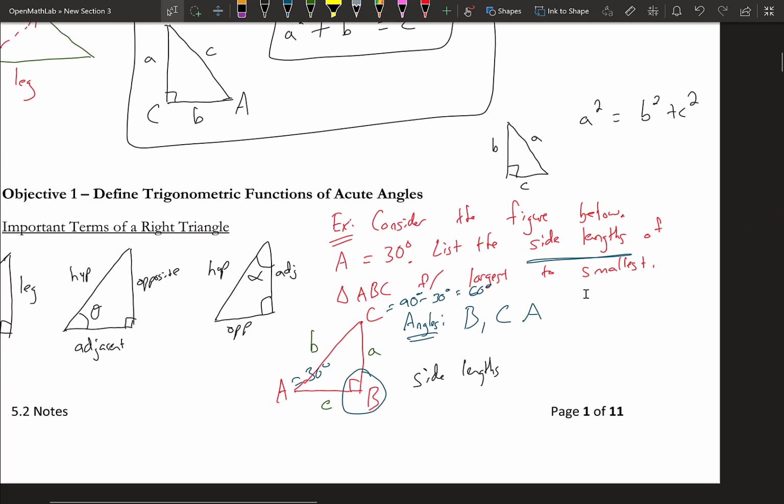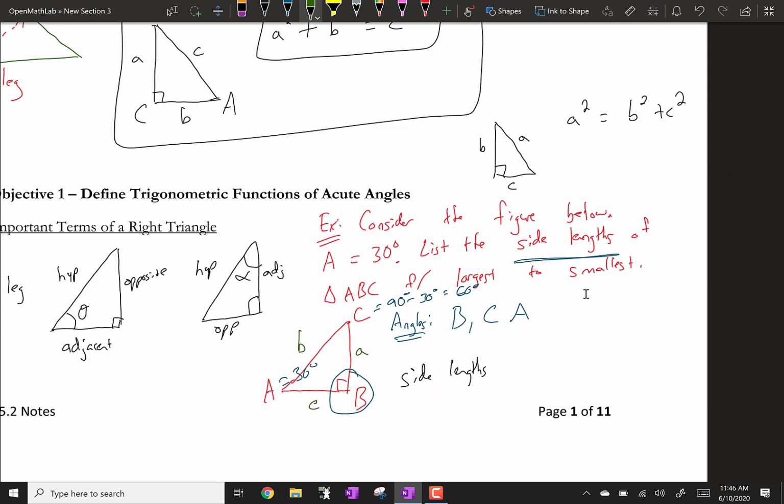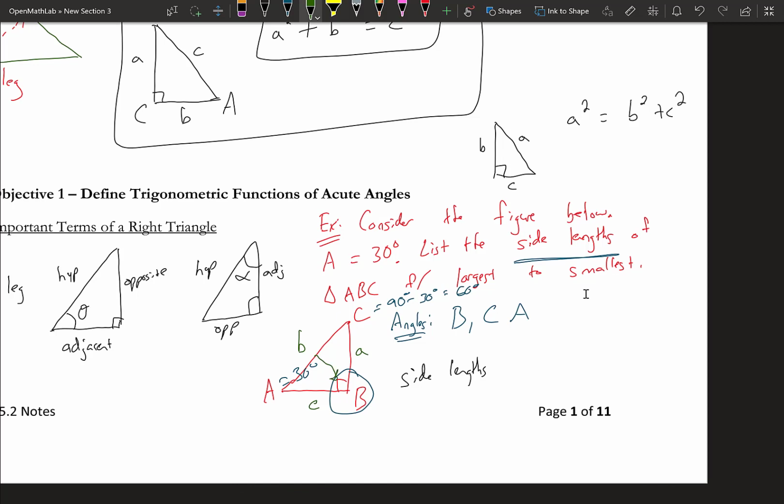Same thing here. If I know that B is the largest angle, then the side that's going to be the largest is the one across from the largest angle. So in other words, for the side lengths, little b is going to be the biggest. And since C is a bigger angle than A, I know little c is going to be bigger than little a.